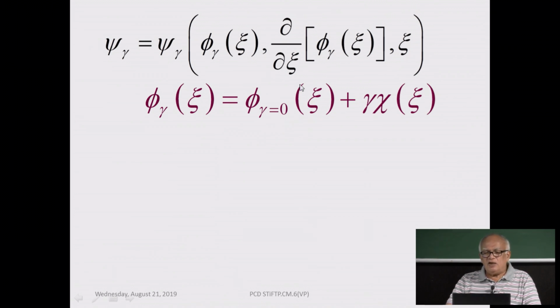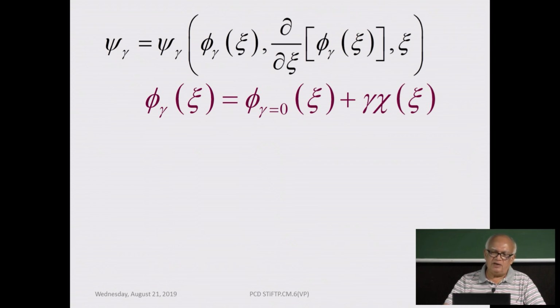It depends on some value of phi for gamma equal to 0 plus another factor which is scaled by gamma. So it's a very simple form that we have taken, that phi depends on xi through a control parameter gamma, which provides a linear term in gamma which describes the dependence of phi on xi.